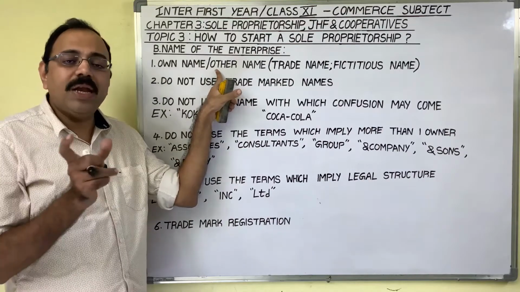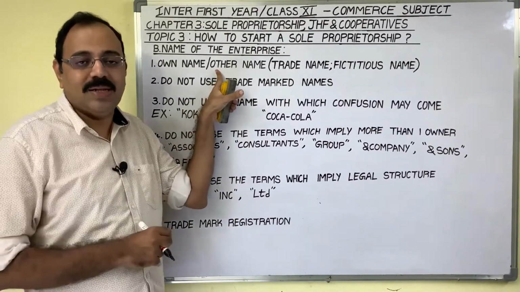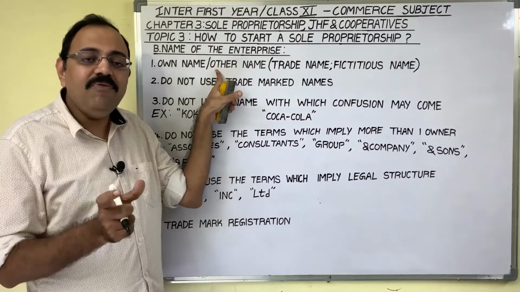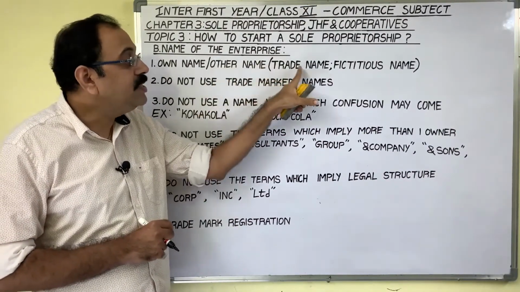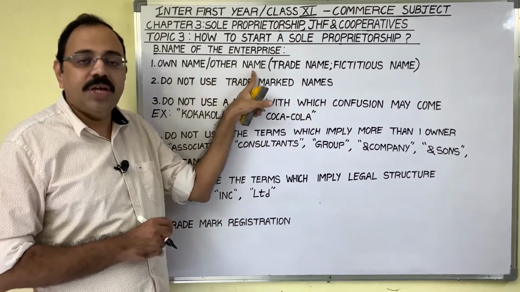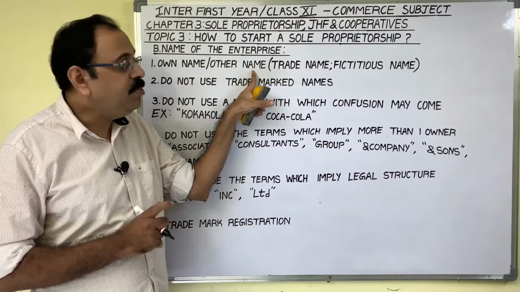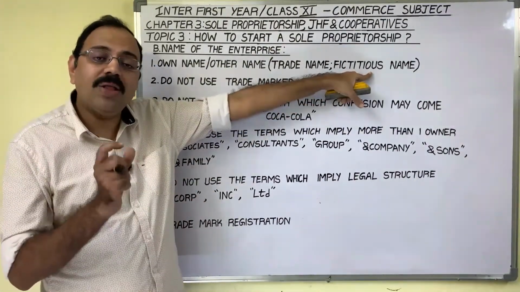For example, your name is Hemant and your hotel name is Sri Raghavendra Hotels. Here the name which you select for your organization is known as the trade name, and if you use another name for your organization, that name is known as a fictitious name. You have to display the nameplate on the door.